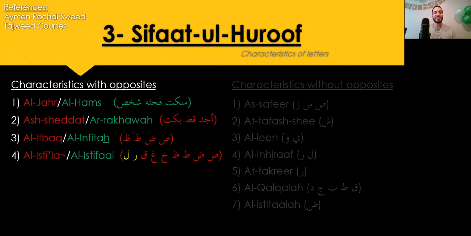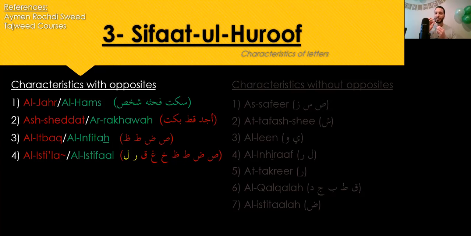So the first characteristic is called al-jahr and al-hams, and what this is about is an-nafas, which means our breath. The scholars paid attention to our breath while we are pronouncing the letters.